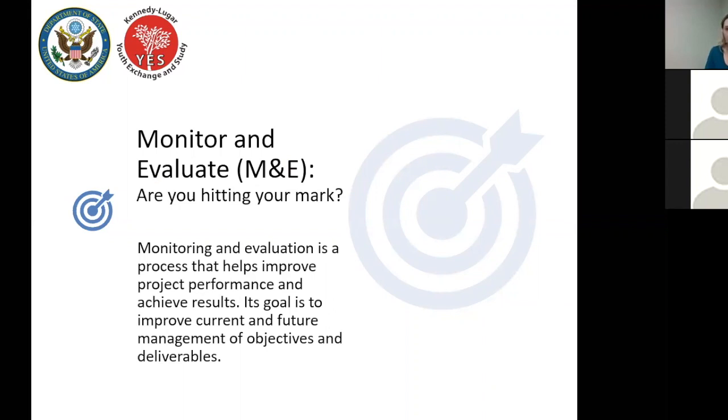So what are some tools we might use to monitor and evaluate a project? If anyone would like to contribute in the chat box. Great. Musa said surveys. Excellent. We've got set deadlines and keeping track of data.